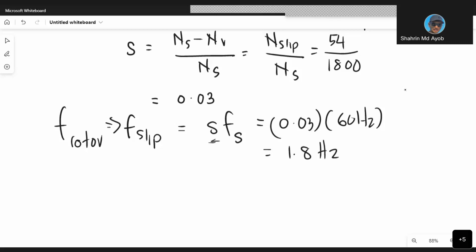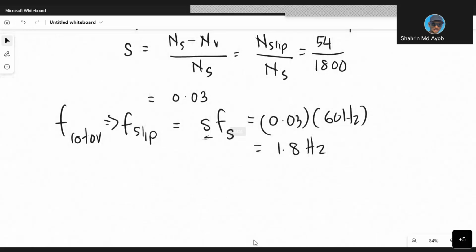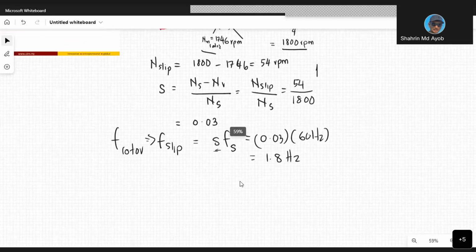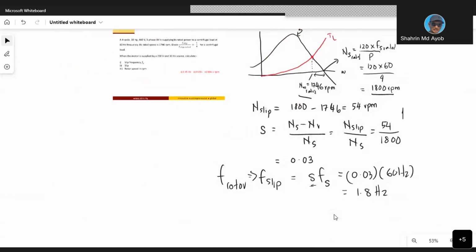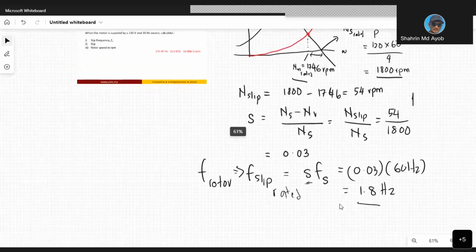Okay, so we have obtained the first answer for the first question. Any question? Okay, belum lagi. Oh, belum. Sorry. This one is not the answer. Sorry. This one, what we have is actually F slip rated.